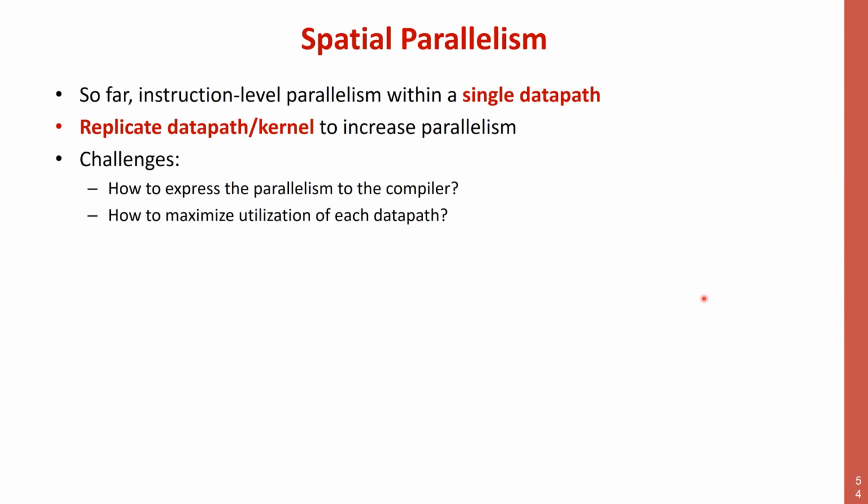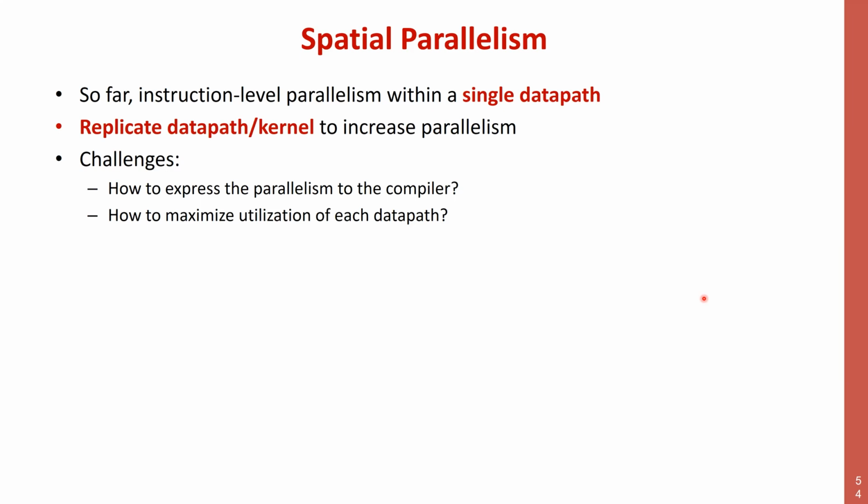So what we have done so far, if you think about it, is essentially at the granularity of instruction-level parallelism. We have all these instructions, and we are trying to use a single data path as much as we can and in the most efficient way.